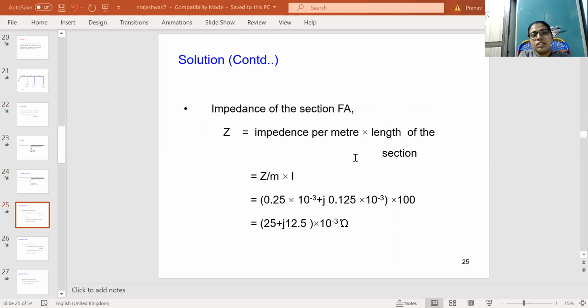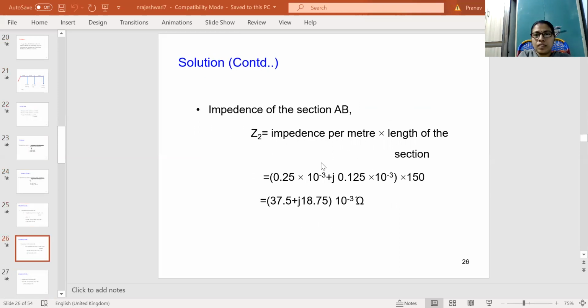So Z2 is given by (0.25 × 10^-3 + j0.125 × 10^-3) × 150, the length of the section AB. So we finally get 37.5 + j18.75 × 10^-3.